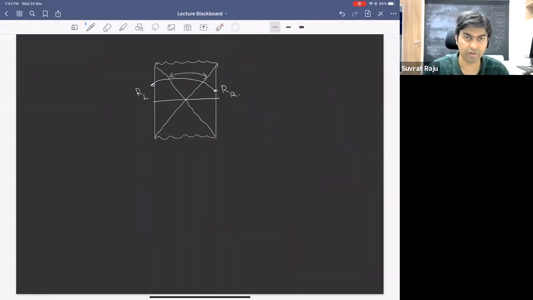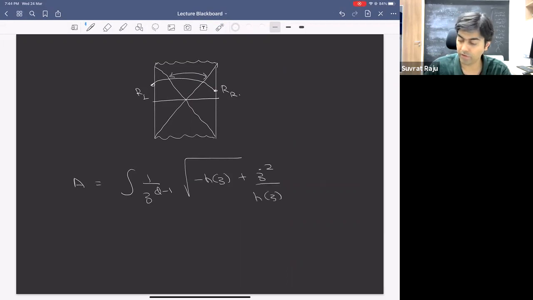So what is the action that we need to minimize? The area that we need to minimize is just this. It's an integral. I've taken this curve that I had previously, the curve that you see on the slide, and I parameterized it as a function z of t.